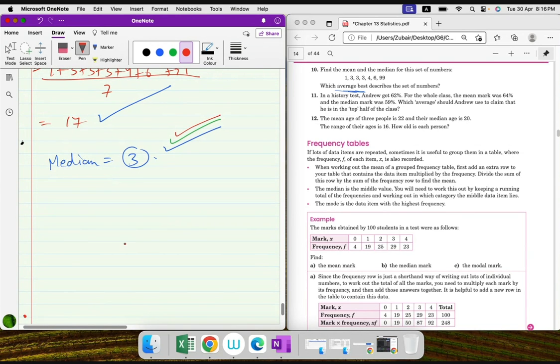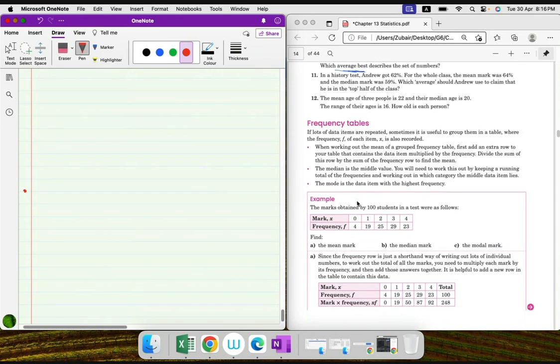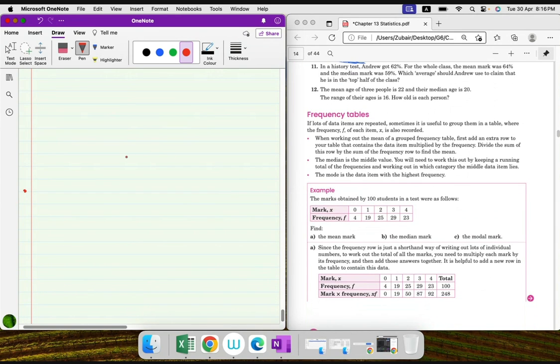Question number 11. In history test, Andrew got 62%. For the whole class, the mean mark was 64% and the median mark was 59%.